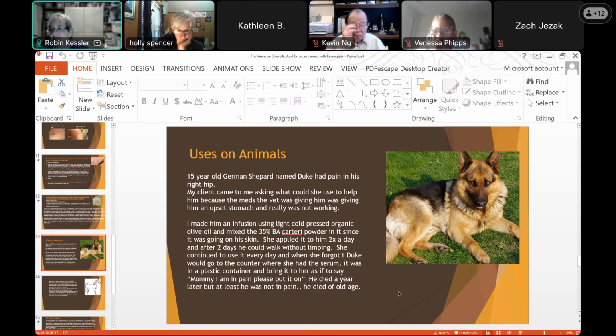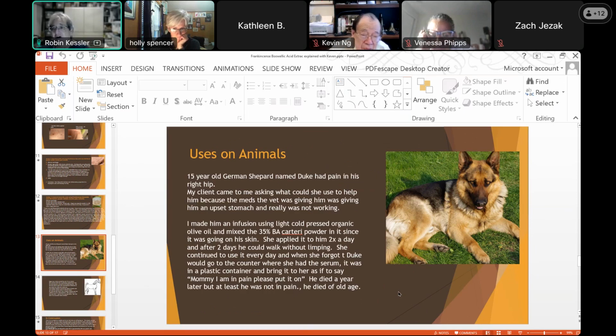I mixed it up, and she put it on his hip. Well, after 2 days, he stopped limping, and he could walk without any pain. And it was so funny because she used to tell me that when he felt he needed it, he would go to the counter and grab the jar and bring it to her and put it in her lap, as if to say, "Mommy, I need it now.